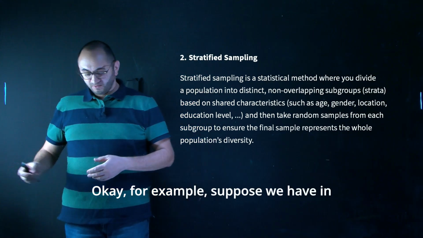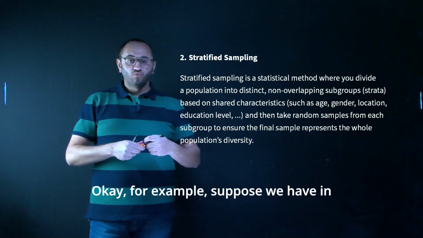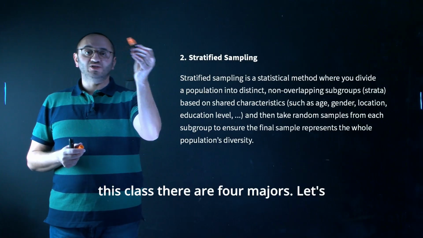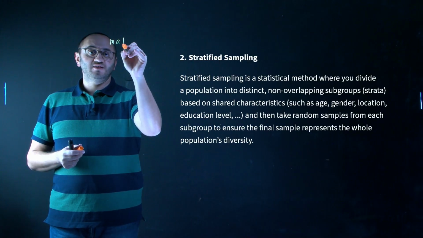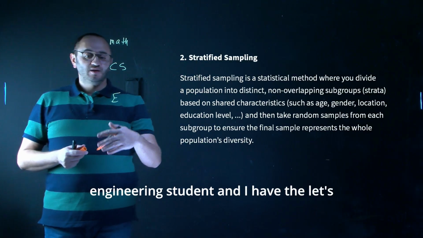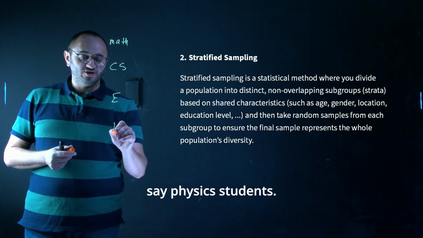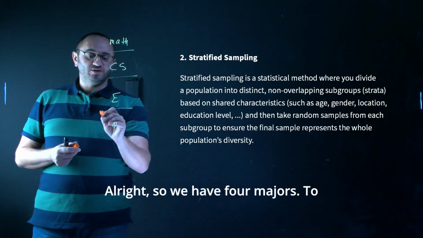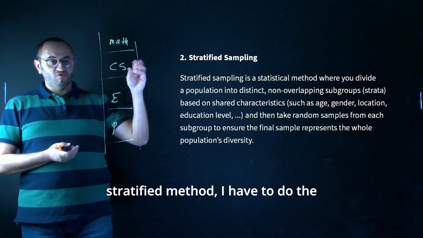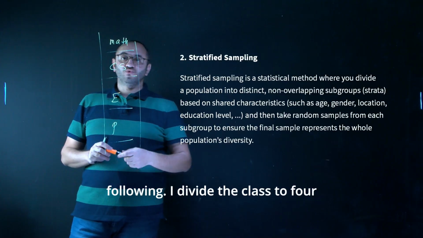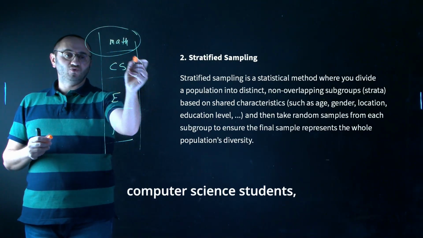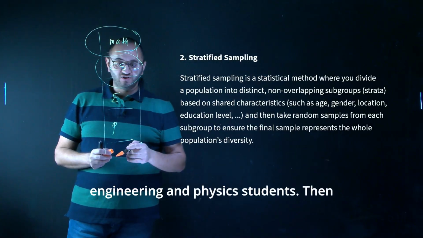For example, suppose in this class there are 4 majors: math students, computer science students, engineering students, and physics students. To select a sample using the stratified method, I divide the class into 4 groups: math, computer science, engineering, and physics students.